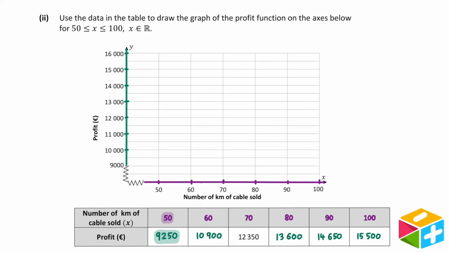The first column of our data tells us that if we sell 50 kilometers of cable, we'll make a profit of 9,250. So here, the point we need to plot is 50, 9,250.